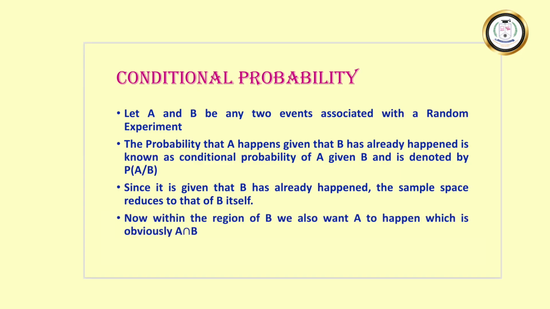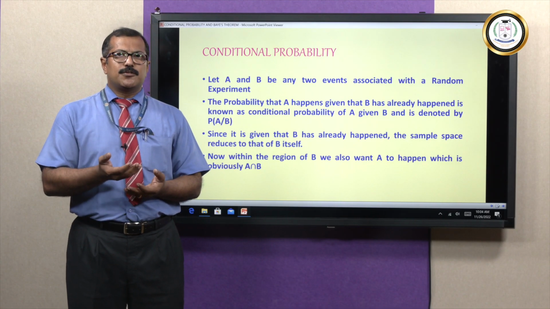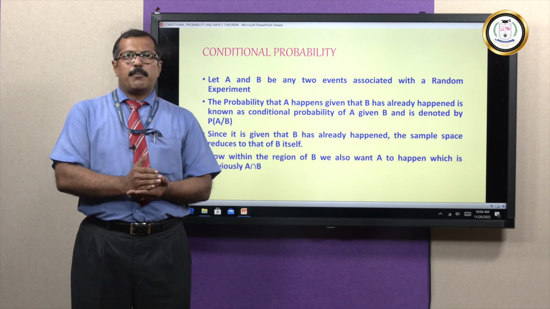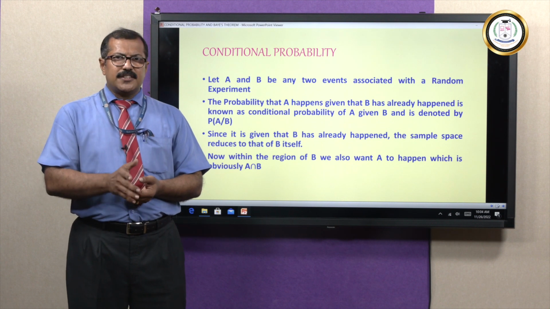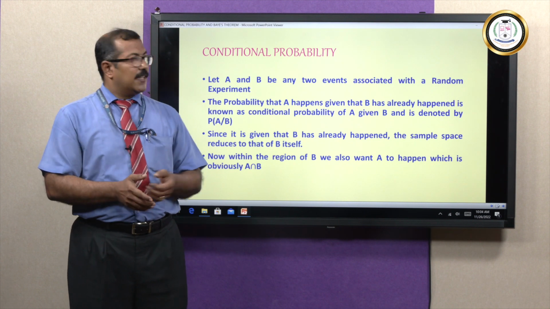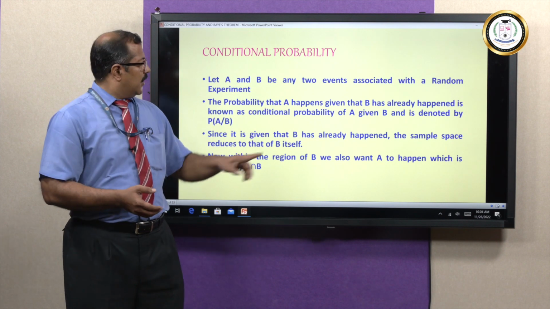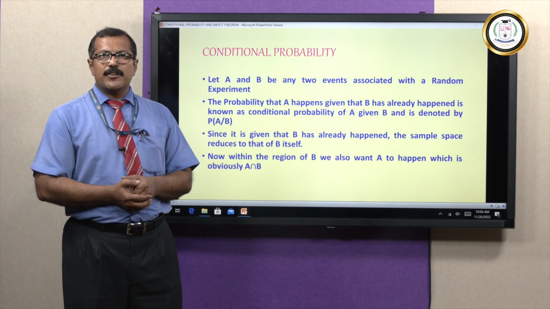Now, within this region, we also want A to happen. So, what is the favorable occurrence? B has already happened and we also want A to happen. So, it is A intersection B. So, B will be the sample space, and A intersection B will be the favorable occurrence.